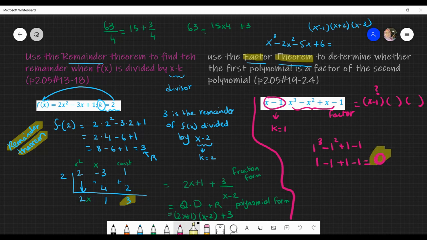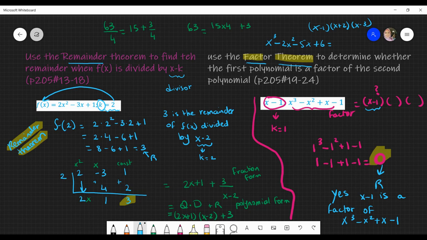If the answer is 0, which is the remainder, so when the remainder is 0, then yes, x minus 1 is a factor of the given polynomial, x cubed minus x squared plus x minus 1. If the remainder is not 0, then it's not a factor. The divisor given is not a factor. So now I know that one of those factors is x minus 1.